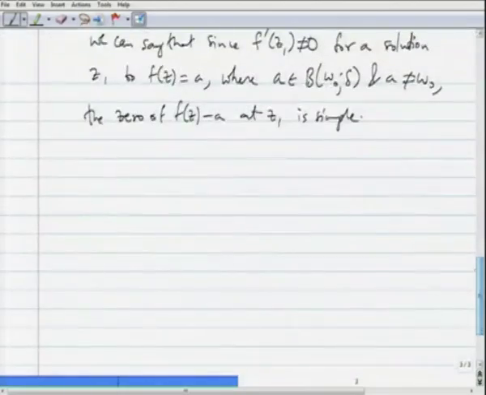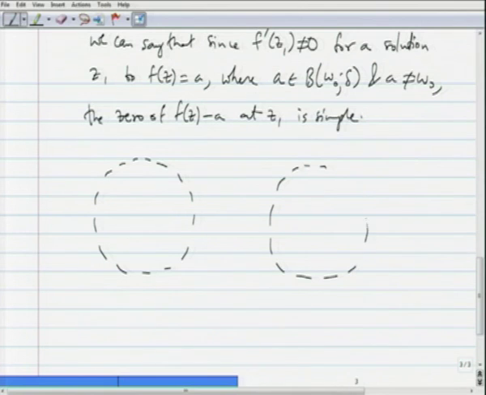Okay. So, what that is telling us is that here, once again, the picture. Okay. Here is w naught, here is z naught. If I pick any z which gets mapped onto some a in a delta neighborhood of w naught, this is the delta neighborhood of w naught, this is the epsilon neighborhood of z naught as in the theorem. Okay.